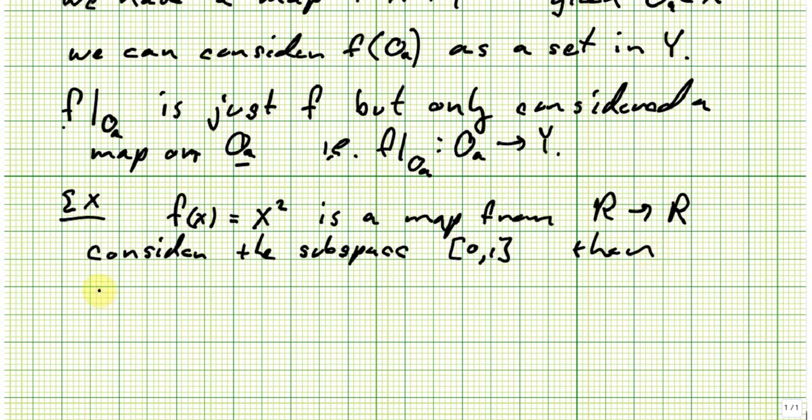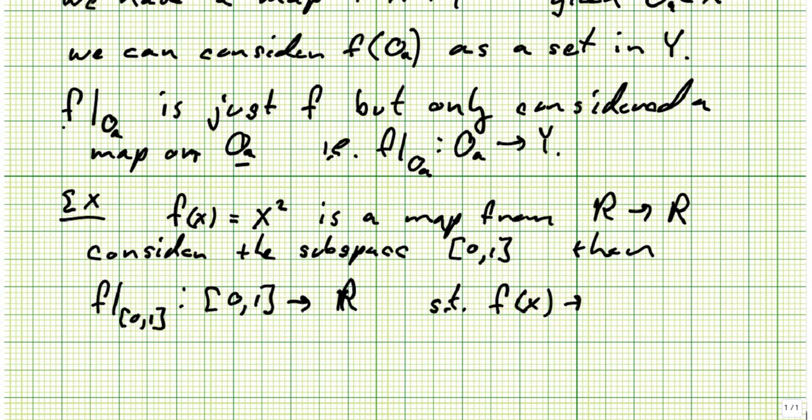Then f restricted to 0, 1 is just a map from 0, 1 into R that does the same thing. F of x goes to x squared for all x in 0, 1.